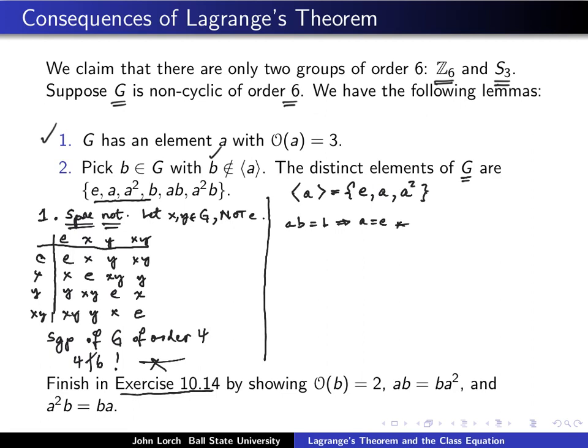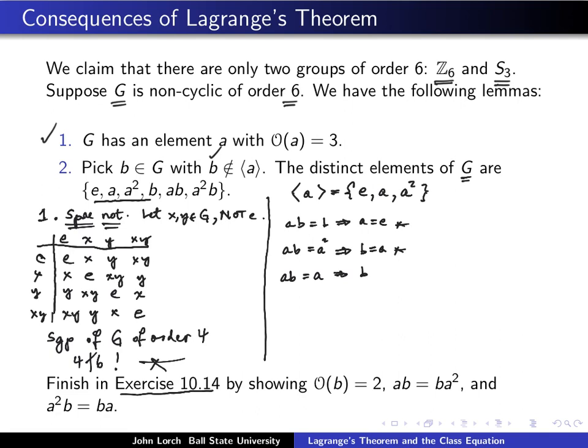If AB were equal to A squared, then by cancellation, B is equal to A, which again can't happen because B has been chosen not to be in the subgroup generated by A. And now what if AB is equal to A?